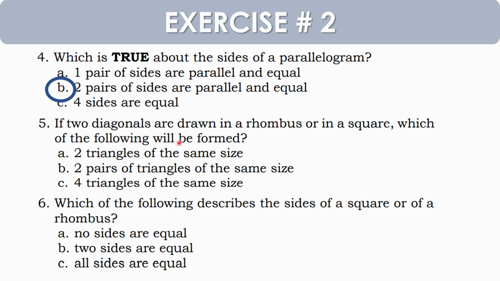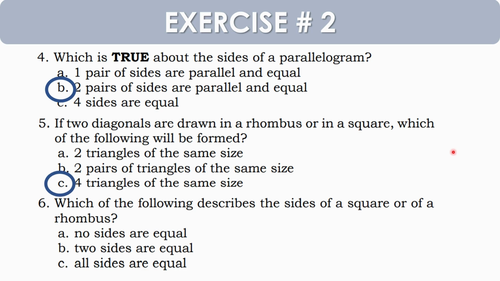If two diagonals are drawn in a rhombus or a square, which of the following will be formed? A, two triangles of the same size. Letter B, two pairs of triangles of the same size. Letter C, four triangles of the same size. Correct answer is letter C, four triangles of the same size.